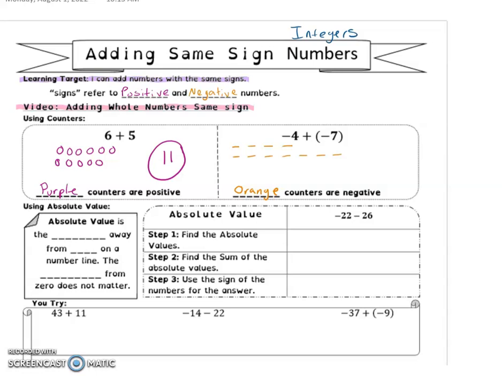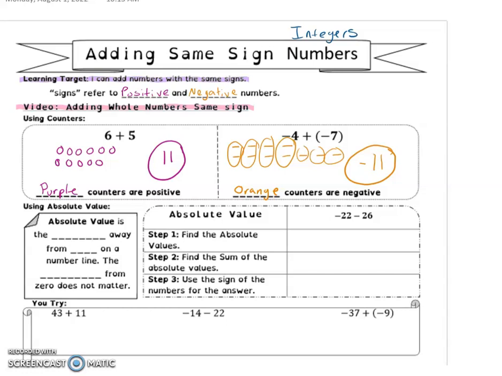Well, I've got 2, 4, 6, 8, and then 9, 10, 11. So I have 11 minus signs. So -4 plus -7 is -11. Okay?